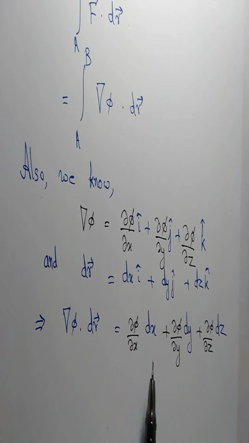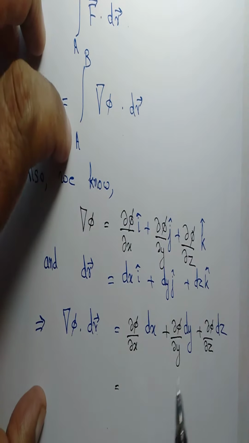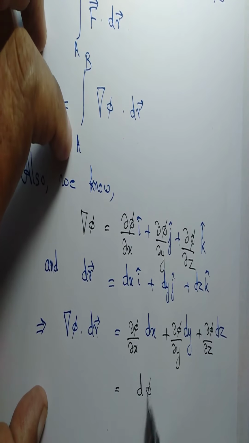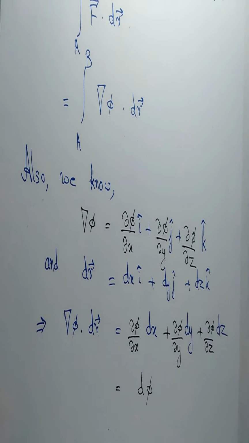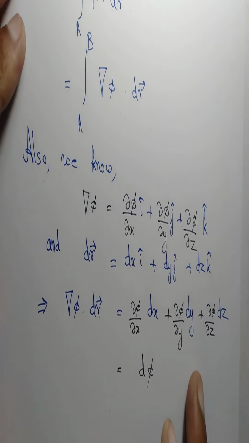Of course, you also know that this is nothing but d phi. So you better write just d phi here. Grad phi dot dr is d phi.